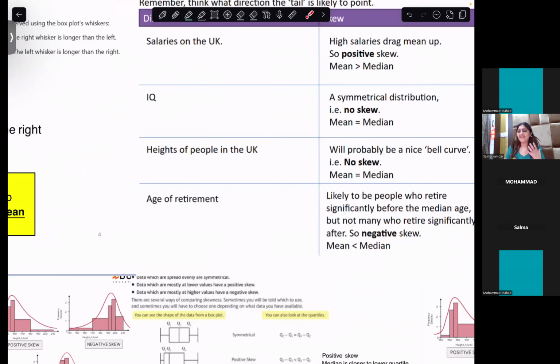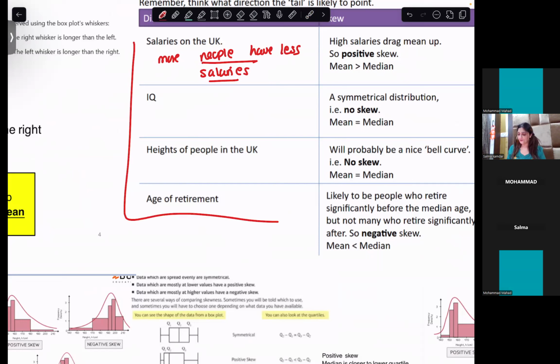More people have lower salaries, and using the way of finding skewness, mean greater than median, it's positive. But normally we have to decide this with logic. This could also be said logically, because more salaries are lesser paying. This is positively skewed since fewer people are getting paid higher.